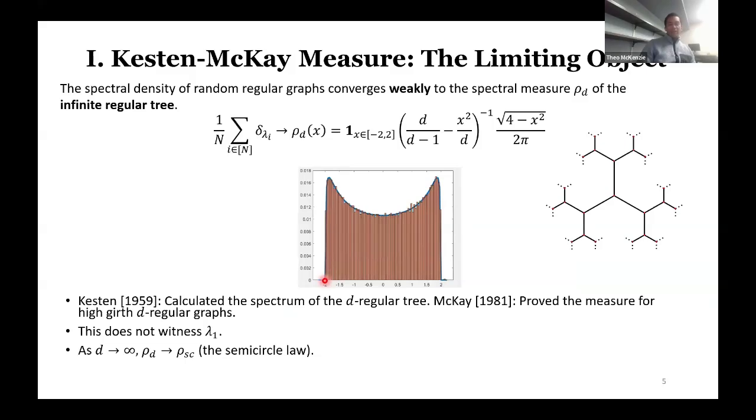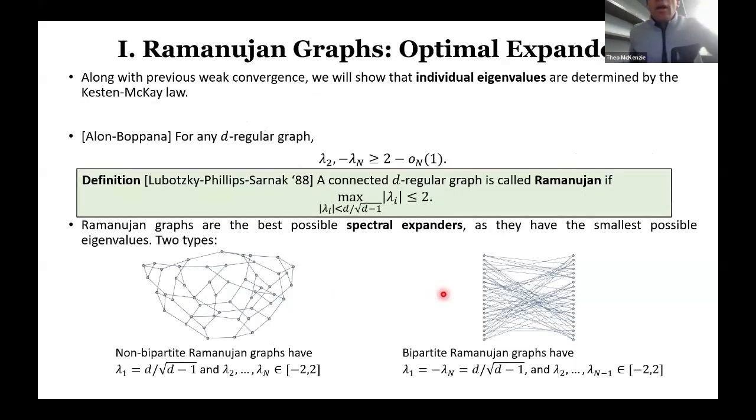And if you look back at the previous slide, this is in line with this Kesten-McKay law, because what it's saying is that these edge eigenvalues can't be too far inside of the spectrum here, where the limits are 2 and -2. Okay, so if we want a very good spectral expander, we want these numbers to be as small as possible.